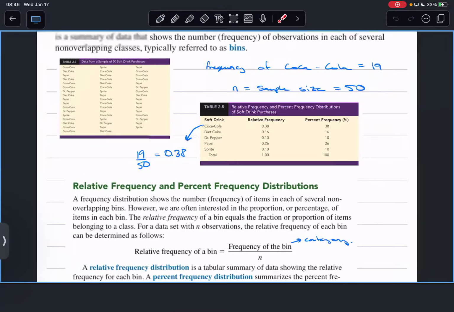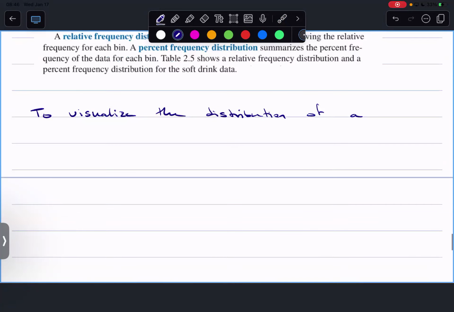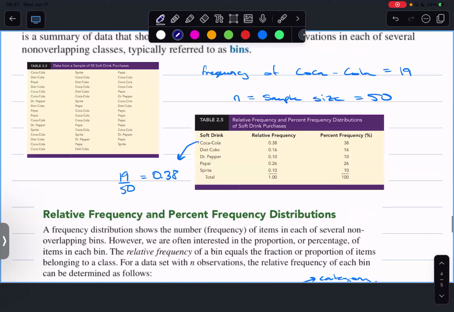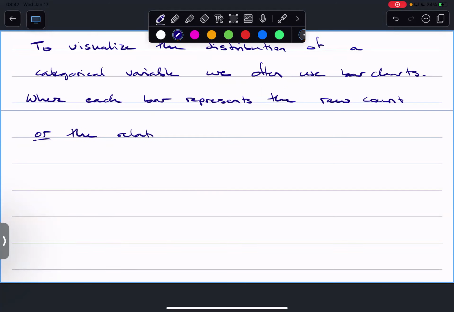So usually, to visualize the distribution of a categorical variable, we often use bar charts, where each bar represents either the raw count, if you want, or the relative or percent frequency. You've got options.